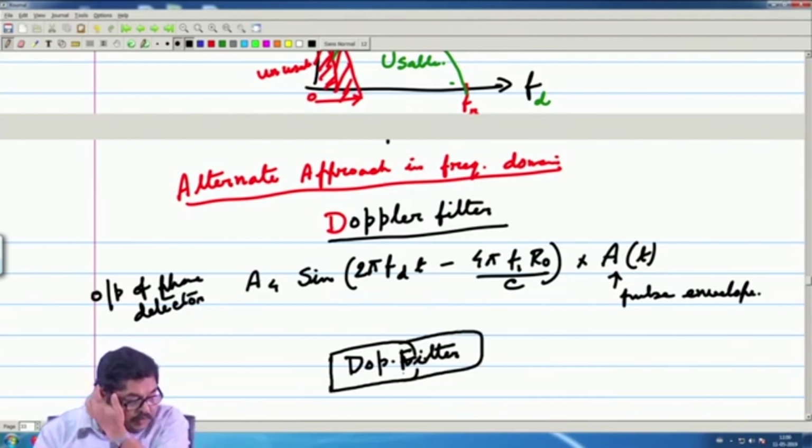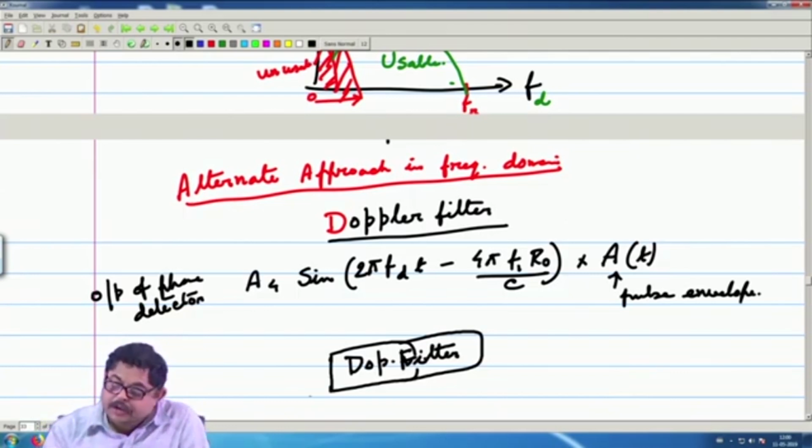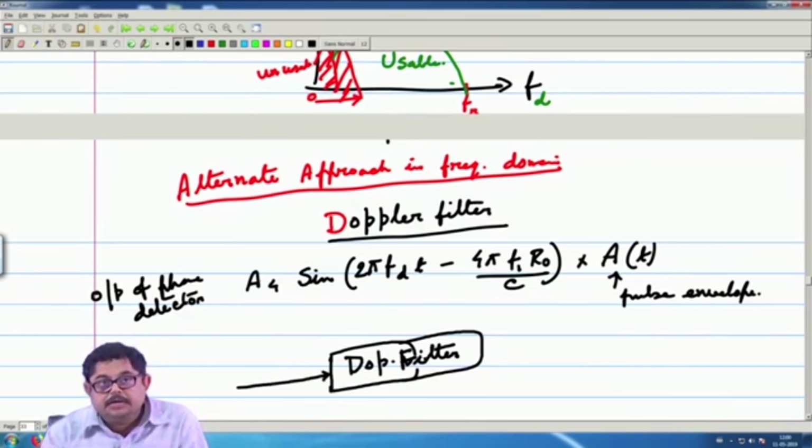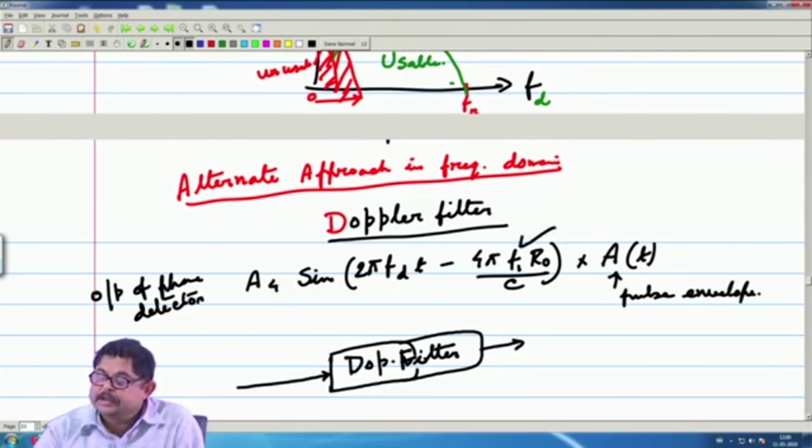Now, for this Doppler filter, if the spectrum of the input pulse is larger than the bandwidth of the Doppler filter, then there will be severe distortion in the signal and the phase will get lost.